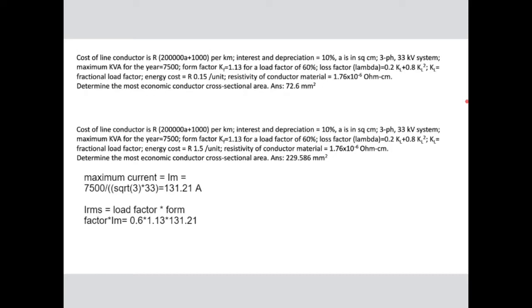So what will it be? 0.2 times KL, which is the load factor, 0.6, plus 0.8 times KL squared, KL is 0.6 squared. What should be the final value of loss factor lambda? 0.408.